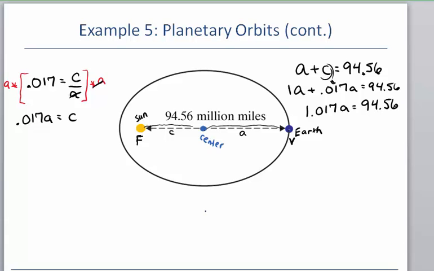And then we can divide both sides by 1.017. Putting that in my calculator, that is going to give me 92.98 if I round to 2 decimal places, for the A value.